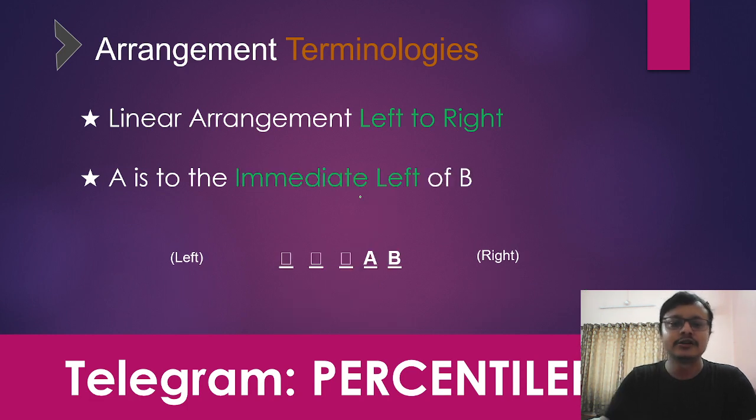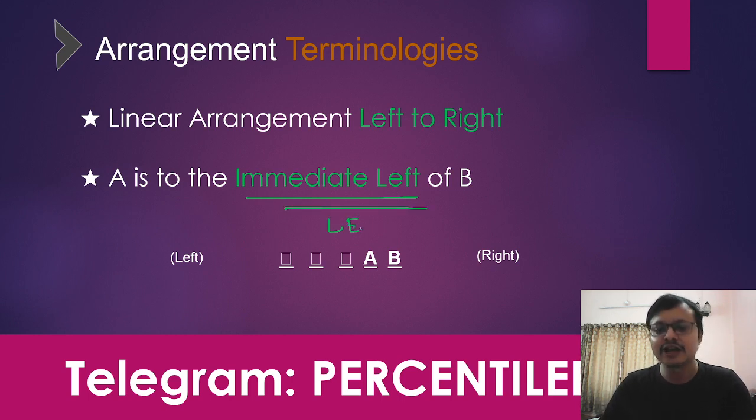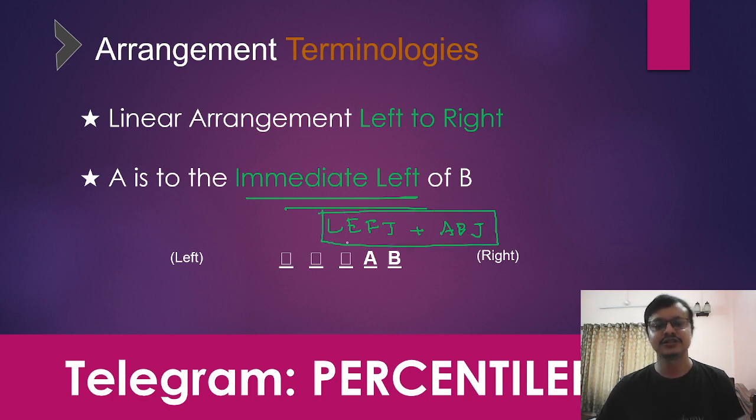Next, we move on to the terminology which says immediate left. Immediate left means not just left, but left plus adjacent. Whenever they say A is to the immediate left, both things must hold: it has to be left, and it must also be adjacent. So it should be a combination of left plus adjacent.